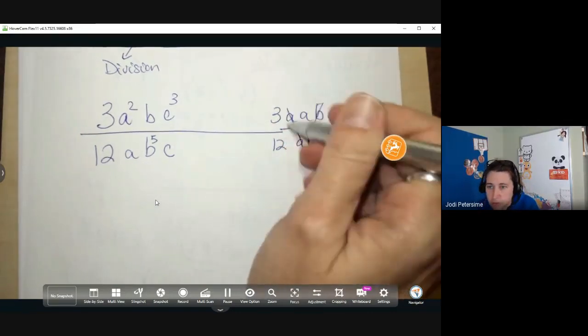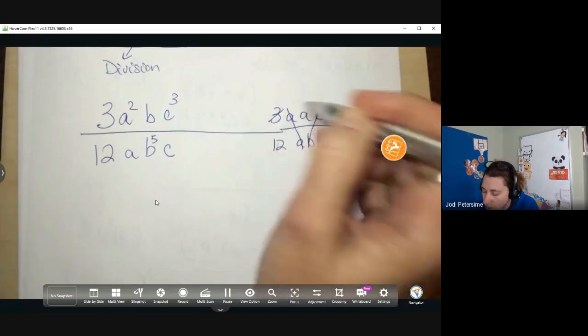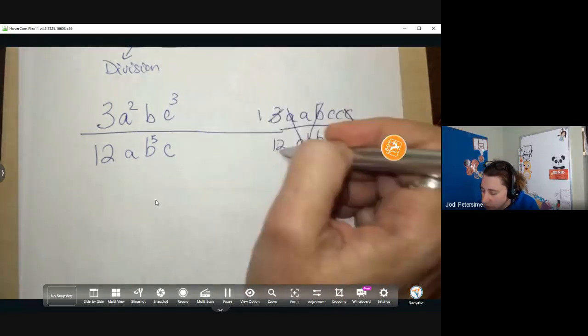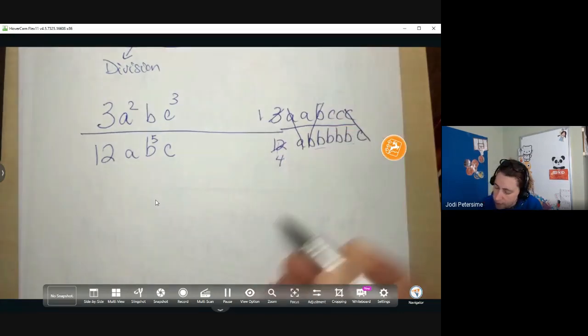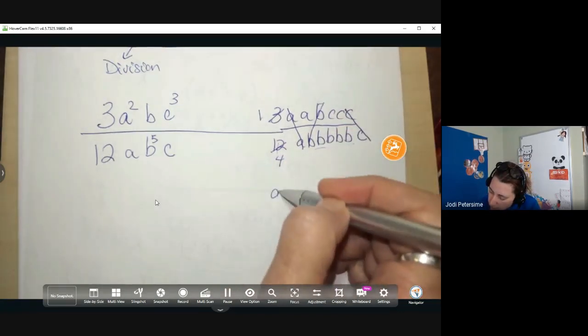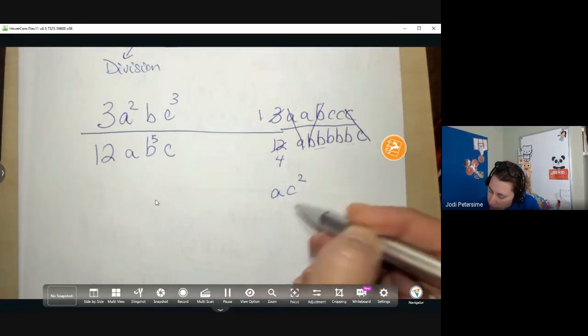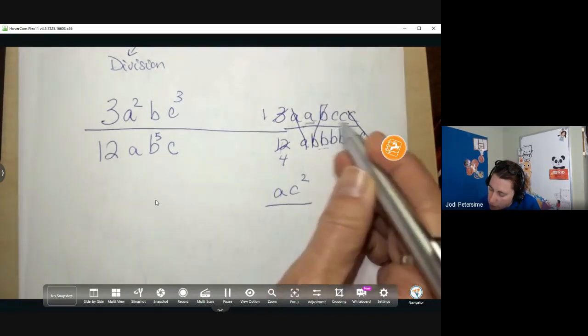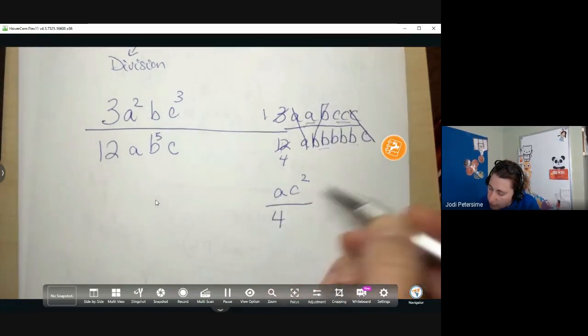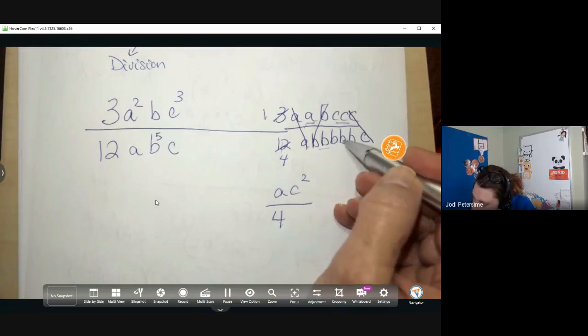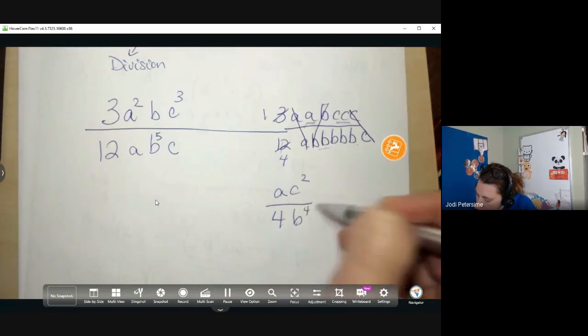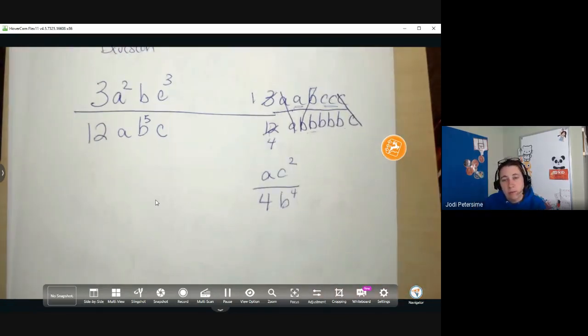I cancel the 3 and the 12 the normal way. So 3 goes into 3 once, 3 goes into 12 4 times. So I end up with A C squared. I have 1A and 2 C's. And then I have 4, 1, 2, 3, 4 B's, and no C. So that would be my answer.